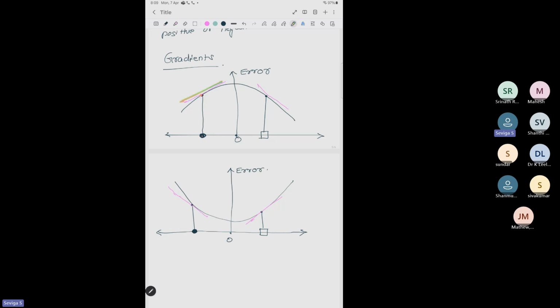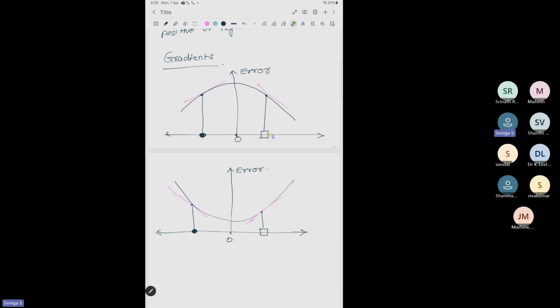Just by looking at the gradient, I can get to know whether I need to move in the right direction or the left direction. If the slope is positive, I need to move in the opposite direction of the slope. Here, if I move in this direction, the error is going to increase, so I need to move in the opposite direction.